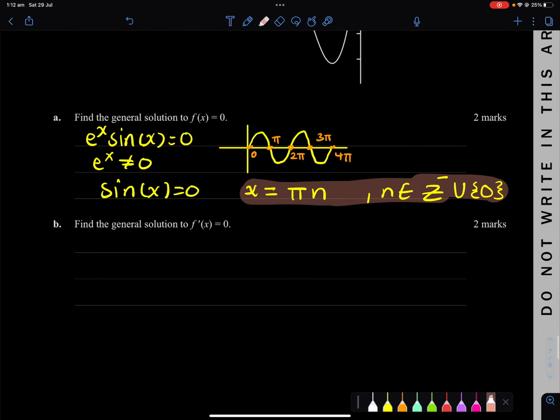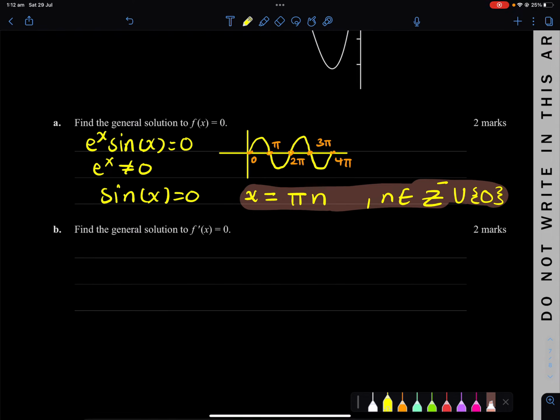Find a general solution to f dash of x equals this. Okay, so f dash of x, by using the product rule, would be e to the x cos x plus sine x e to the x, which we can pull out as e to the x times (cos x plus sine x).